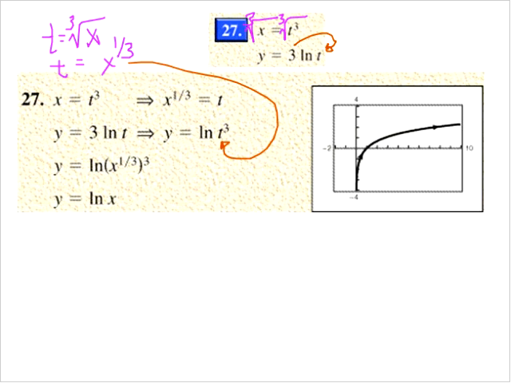Doing that, we get the natural log of x to the 1/3, cubed. When we multiply our exponents, 1/3 times 3 is 1. So we're left with the graph of y equals the natural log of x. We can come up with that graph fairly quickly here, and we would get something like this.